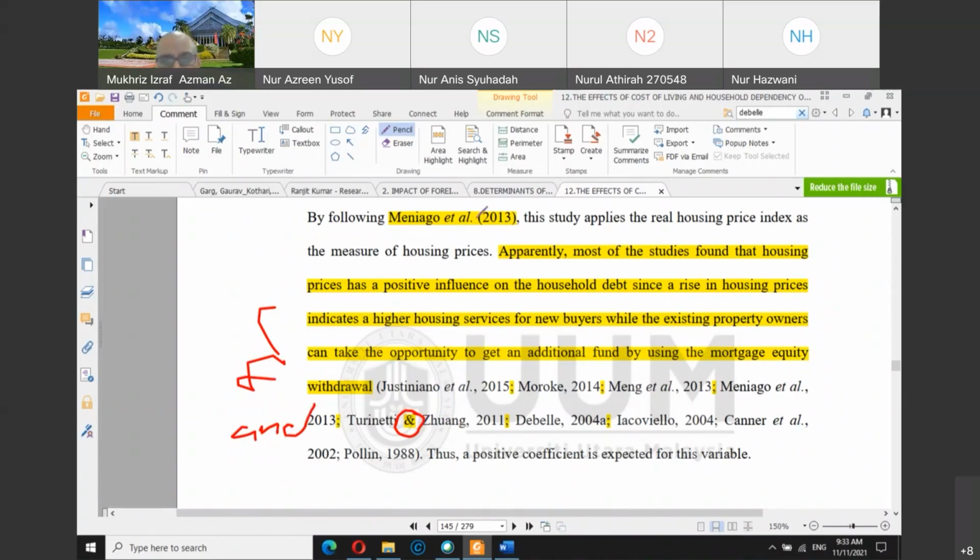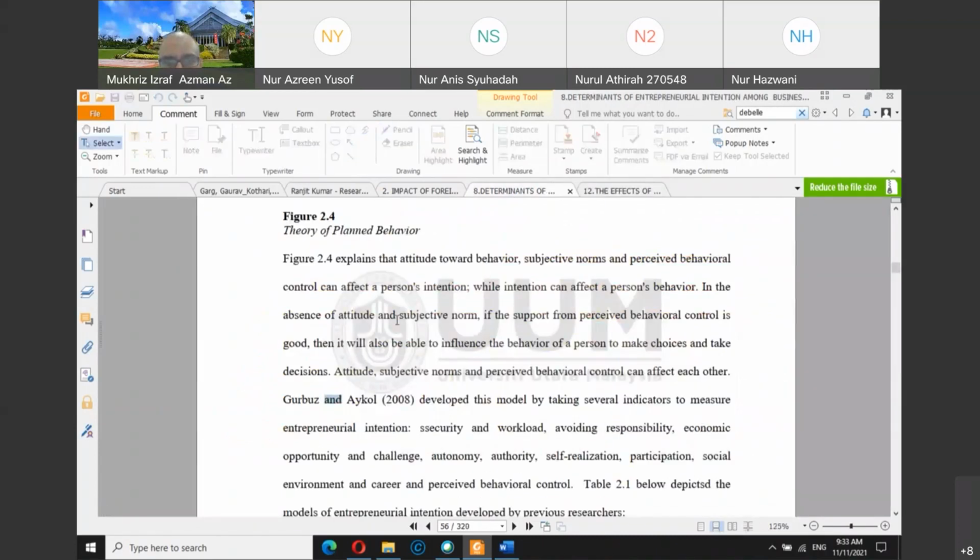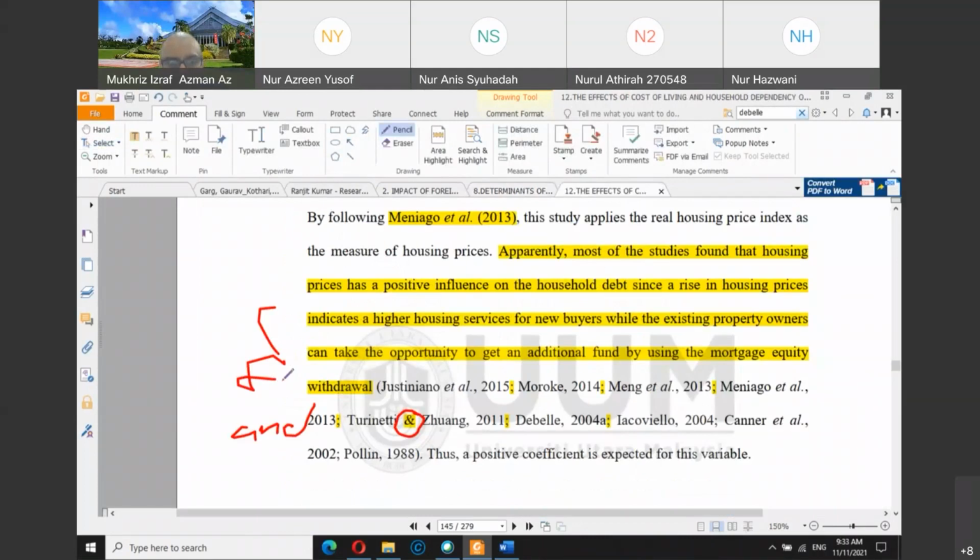When the article is written by two authors, you use AND when you are citing inside the text. But you use the symbol N when you are citing towards the end of the text.